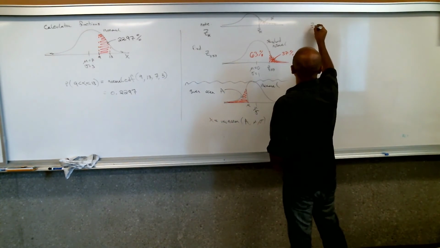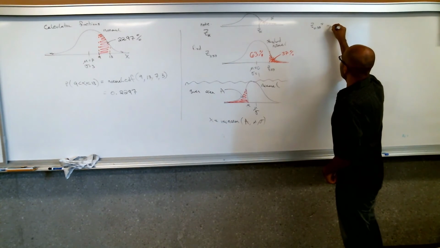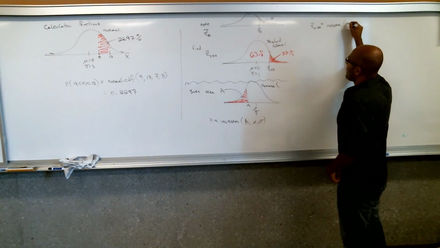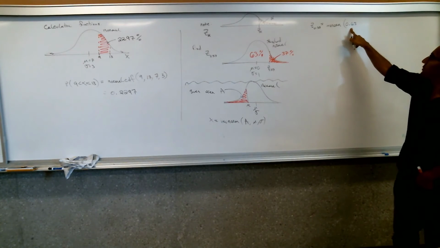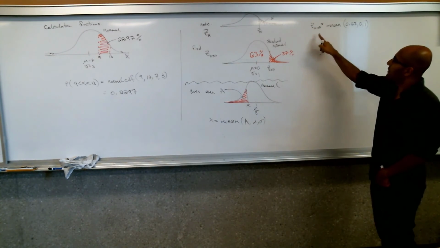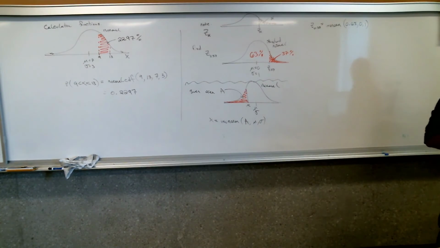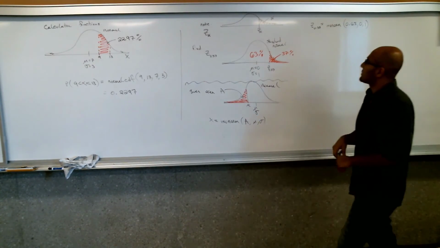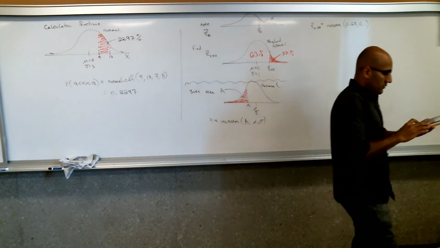So Z sub 0.37 is going to be invNorm of 0.63. Make sure you put it as a decimal; don't type in 63. Comma 0, comma 1, because we're talking about the standard normal distribution Z. But like I said, this function will work with any normal distribution. Any questions about that? Okay, so let's find it.